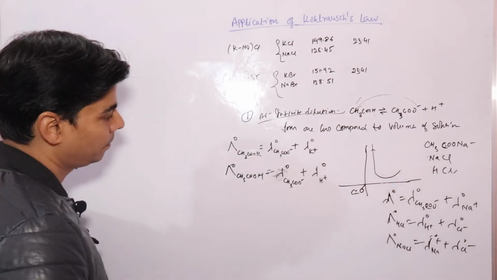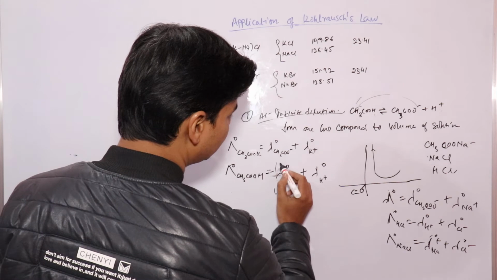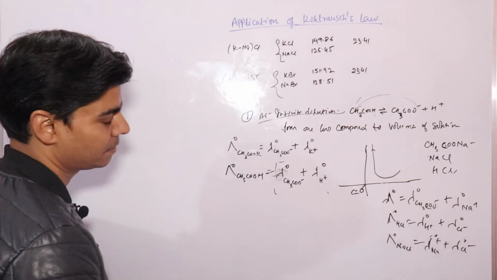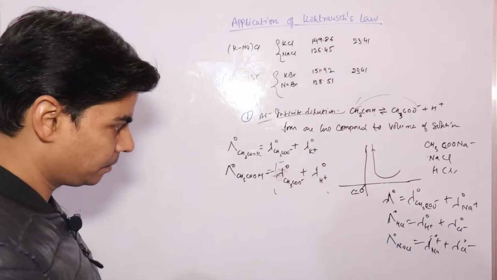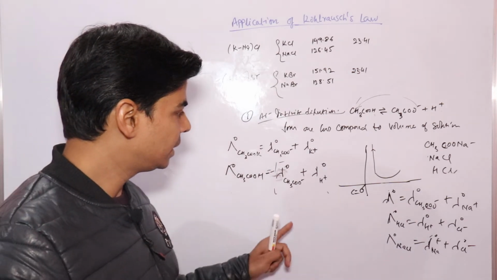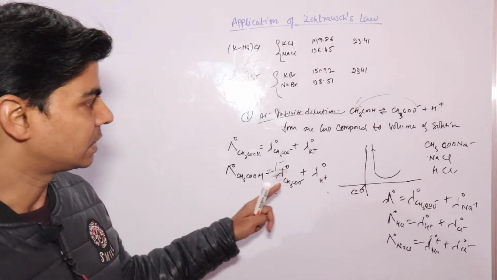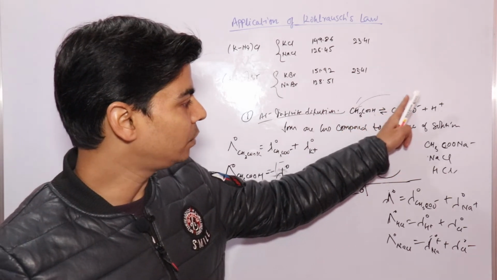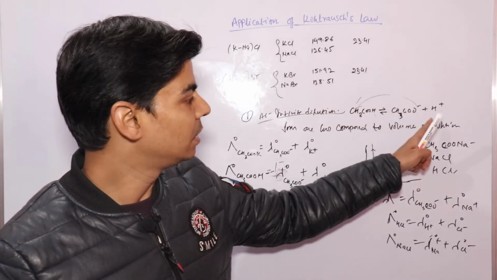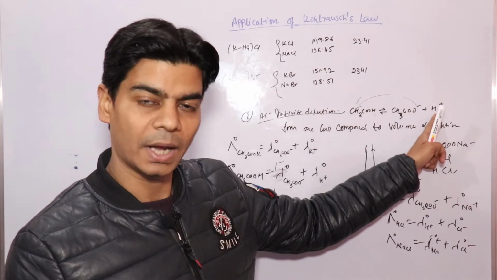So now we want to calculate this from all these three, because in the case of acetic acid, we cannot directly measure the ionic conductance of acetate ions and hydrogen ions.